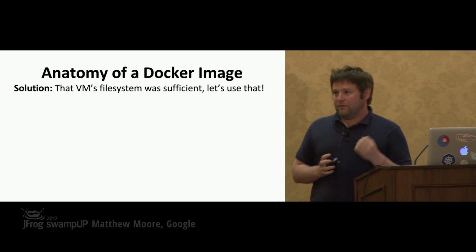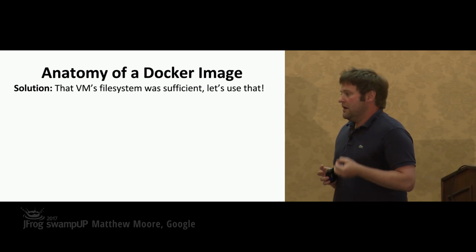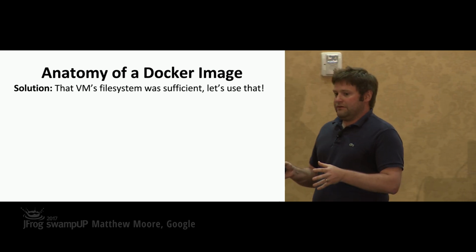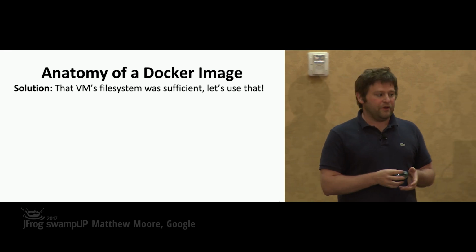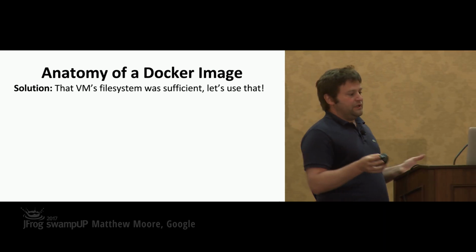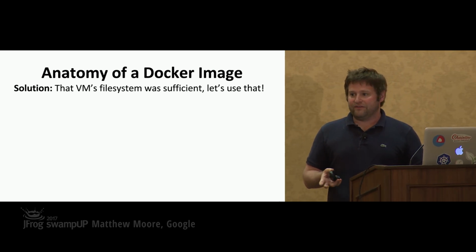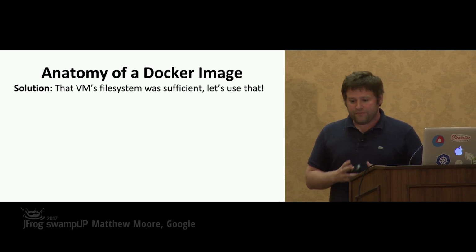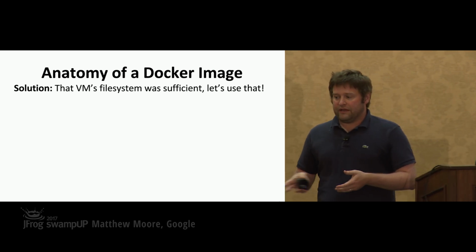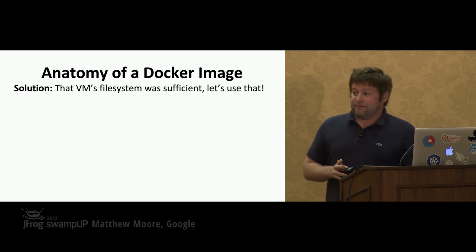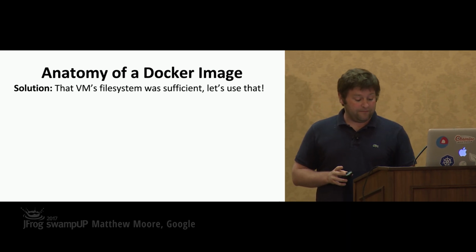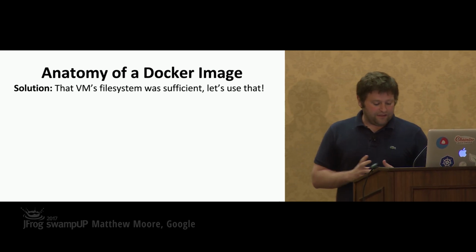And I think that part of the elegance of this solution was that it took the world of containers and it opened it up to a huge class of folks who were used to bootstrapping VMs. And you could now bootstrap your container environment in much the same way as you bootstrapped your VM file system.